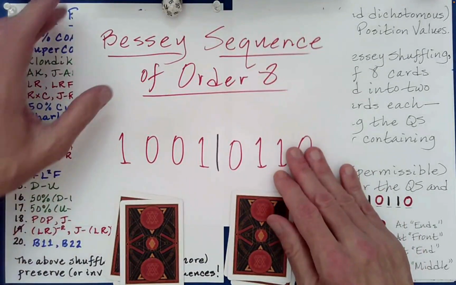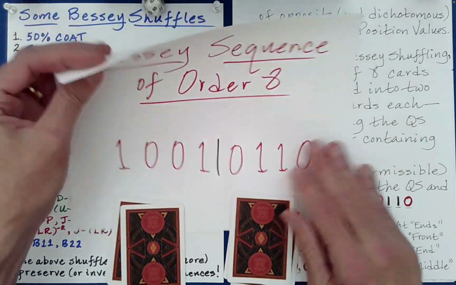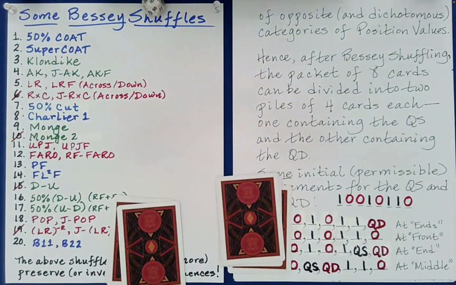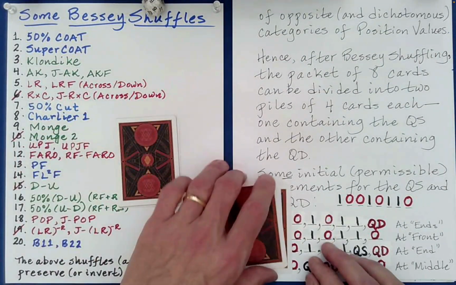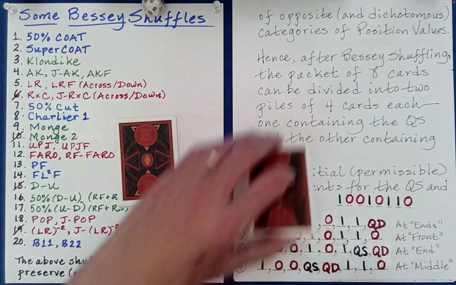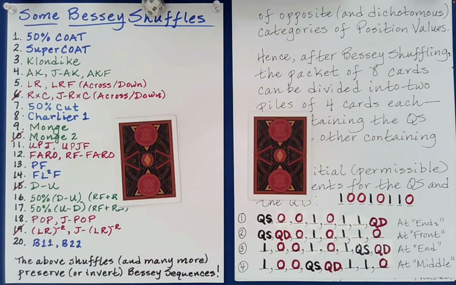Okay, now what we are guaranteed to have done is we have separated the cards into two piles of 4, but we've done it in such a way that the Queen of Spades and the Queen of Diamonds are guaranteed to be in different groups, despite the fact that they started together.